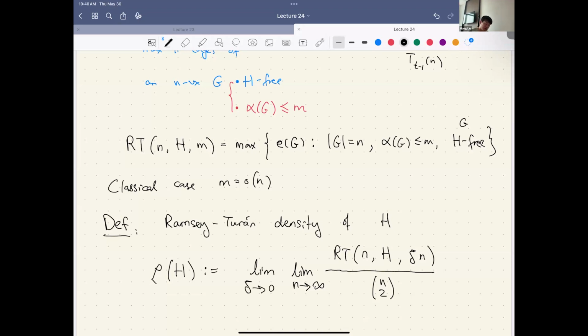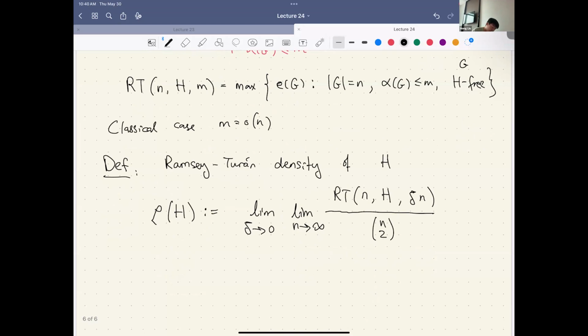This is the Ramsey-Turan density. And we're going to define RT(n, H, o(n)) to be this Ramsey-Turan density rho(H) times n choose 2, plus little o(n squared). This is the definition.